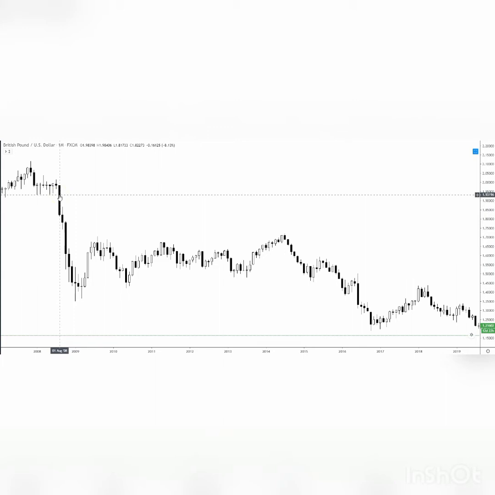We use this information to decipher if price is going to continue to go down or go up, or is it going to go sideways. So candlesticks give us that first step of understanding what price has done in that particular trading period. That's probably the easiest way I could explain that.